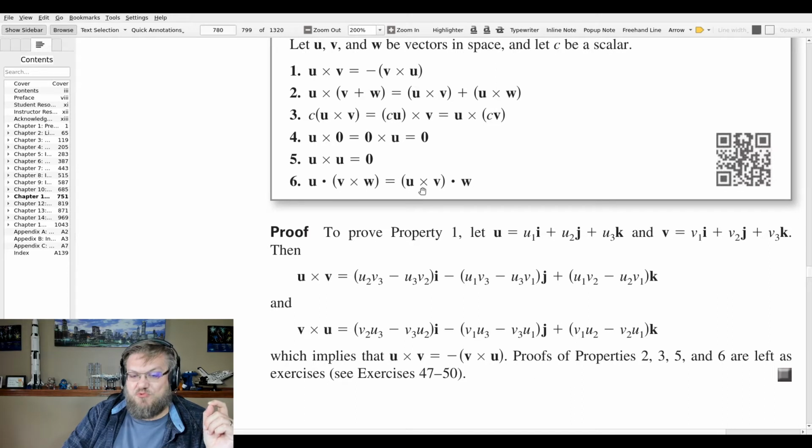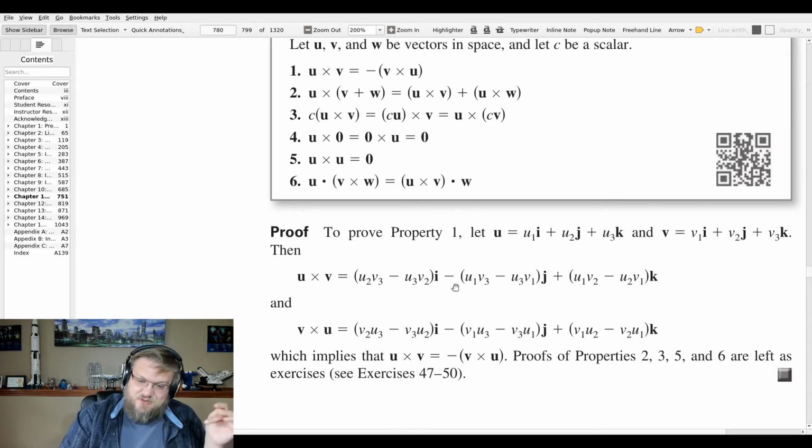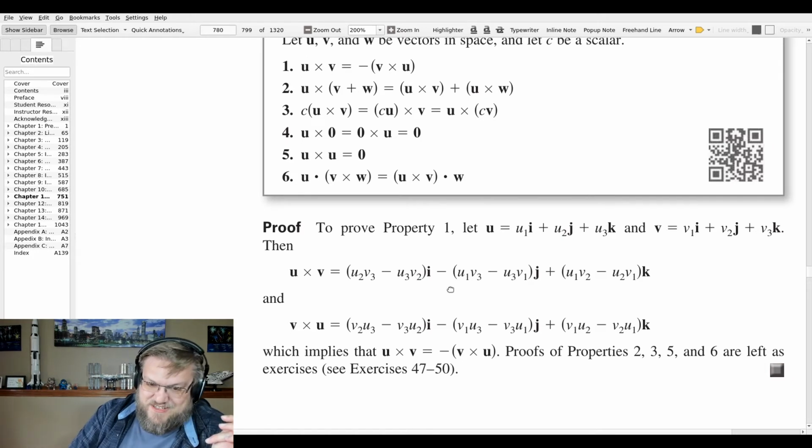This is such a funky rule. It literally swaps the dot and the cross. Do you see this? u, v, w, u, v, w, and here it's dot cross, and here it's cross dot. That is such a cool pattern that works there.